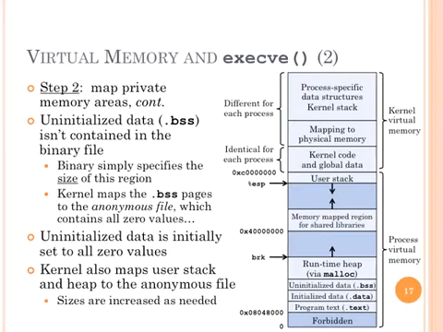Like if it goes into the next page, that's probably okay. If it's 40 pages down from the top of the stack, it's probably a bug. And so the kernel will prevent certain things like that. So it has to keep track of the fact that the stack is growing down as opposed to growing up.